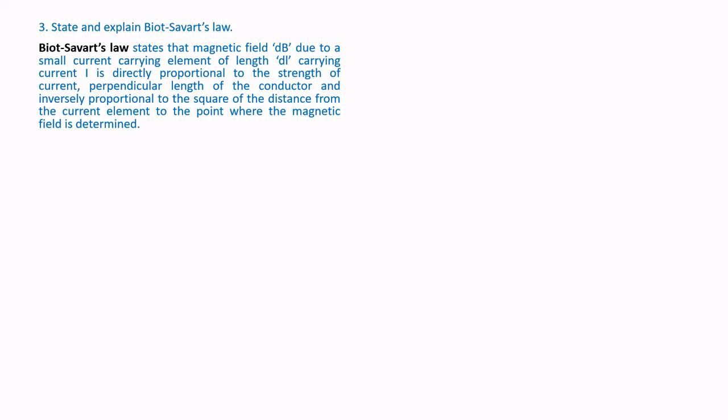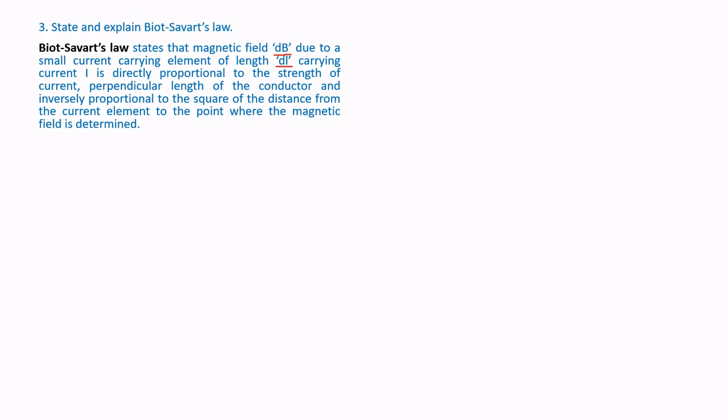Biot-Savart's law states that the magnetic field dB, which represents a small magnetic field due to a small current carrying element of length dl carrying a current I, is directly proportional to the strength of the current, the perpendicular length of the conductor, and inversely proportional to the square of the distance from the current element to the point where magnetic field is to be determined.